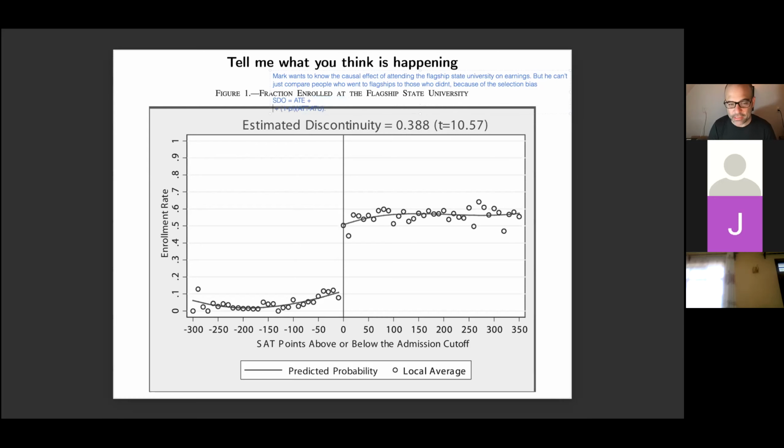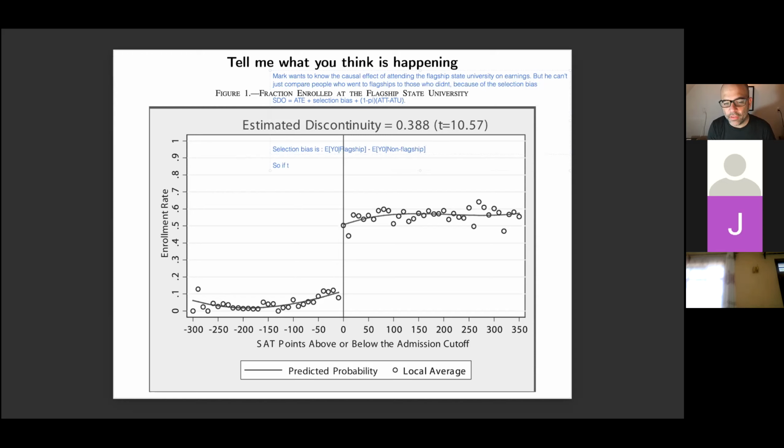So in this case, selection bias is the expectation of Y0 given D equals 1 minus the expectation of Y0 given D equals 0. So it will be a bit like this: the expectation of Y0 for flagship minus the expectation of Y0 for non-flagship.